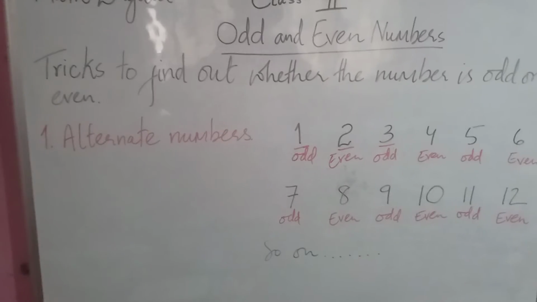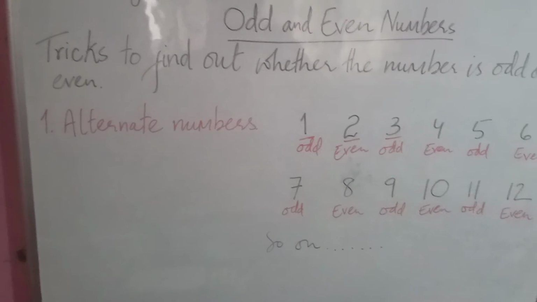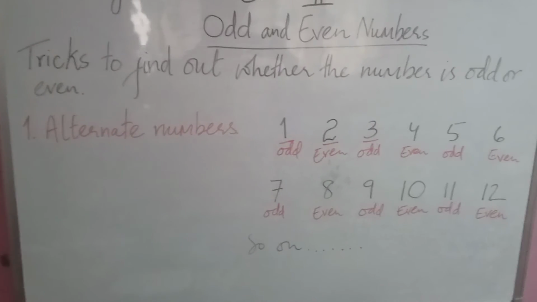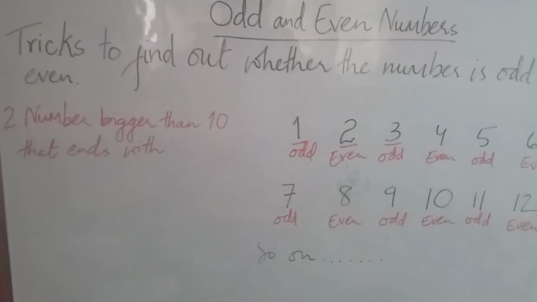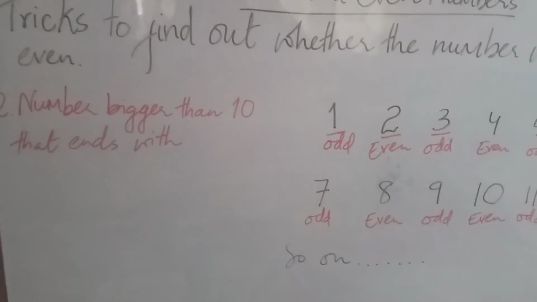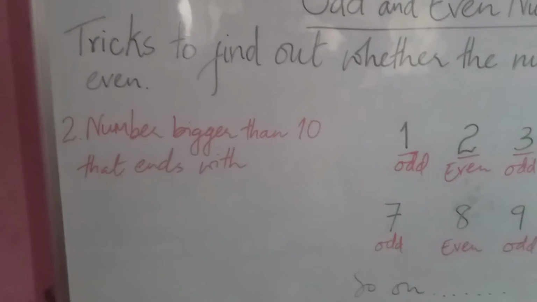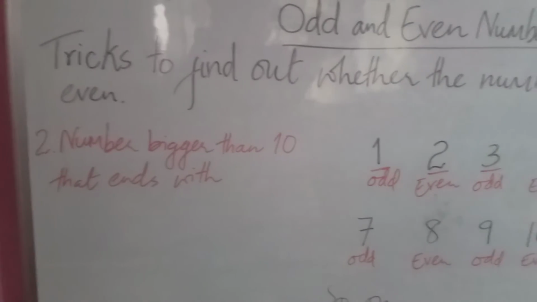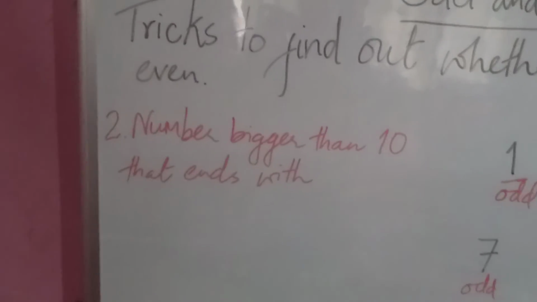The next trick to find out whether the number is odd or even is the second trick: numbers bigger than 10 that end with. The meaning of this is that we have to look at the end number.